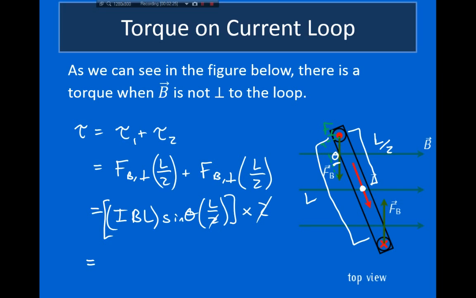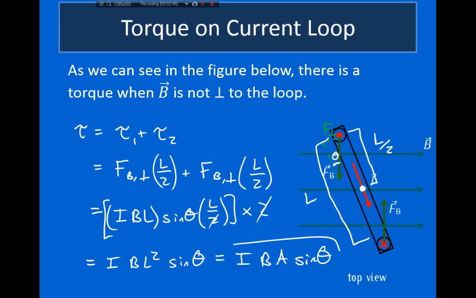And if I rewrite this slightly, I can say this is IBL squared times sine of theta. And L squared, if this is a perfect square-shaped loop, then L squared is just equal to the area enclosed by this loop. So I can alternatively write this as IBA sine theta.